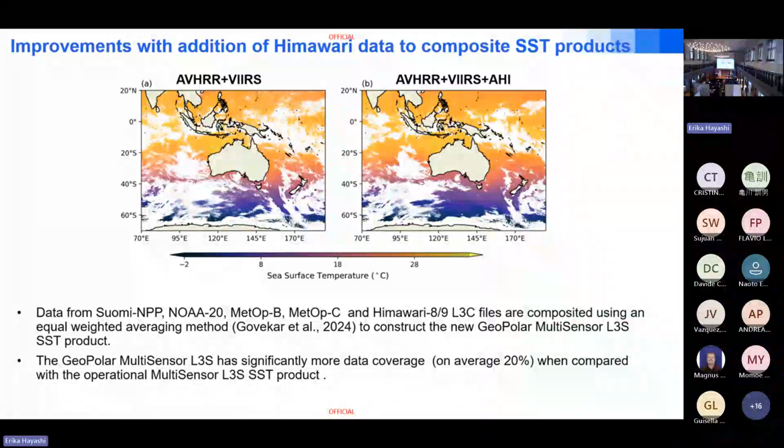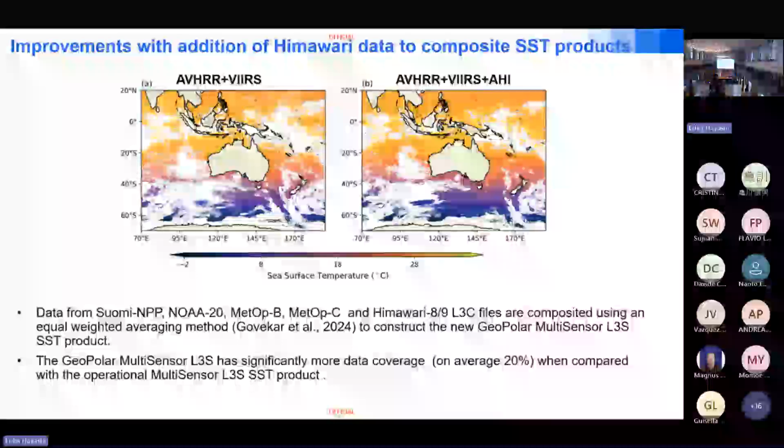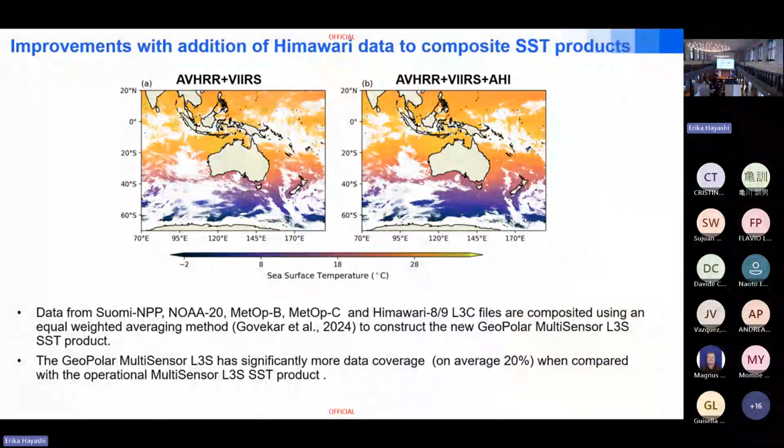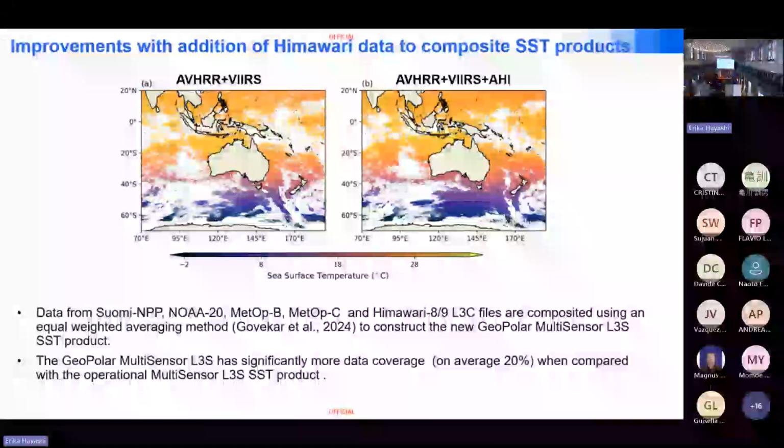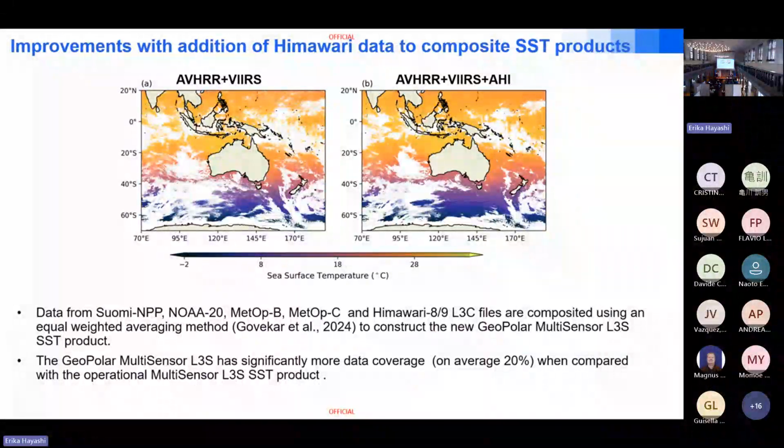And with the University of Reading, recently we developed Himawari 8 and 9 SST products. With the accuracy of Himawari, we are also trying to put Himawari together with polar orbiters and make a new level 3 product that is geopolar multi-sensor.